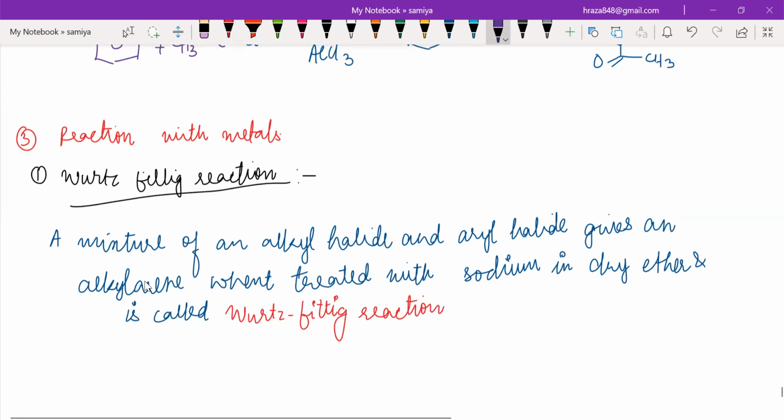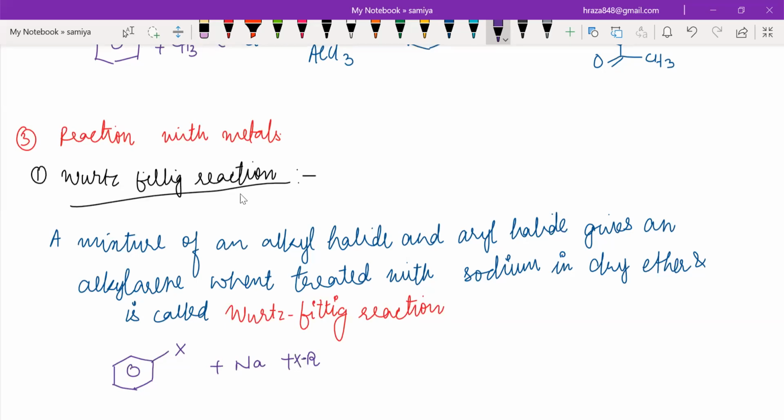So basically you can understand with an example. This is our haloarene, and you are going to react this with sodium and alkyl halide, that means XR.